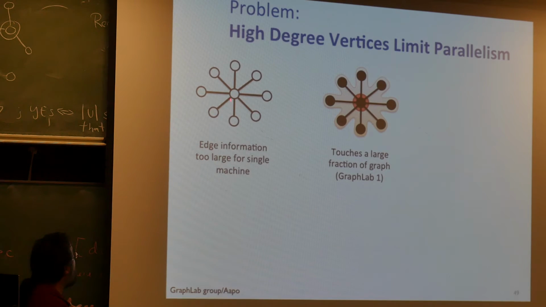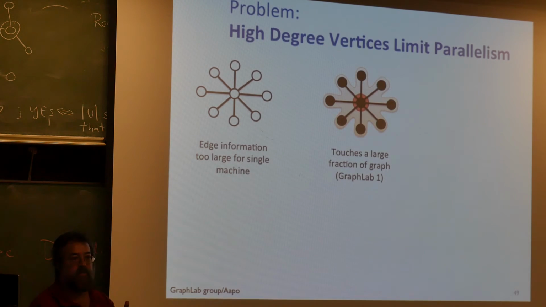If you did put them on one machine, you still have a problem, because you're doing the processing in parallel across the edges, but you've got some loop over the signals or the neighbors. For most of the nodes, that loop is really fast. You're just checking a few neighbors of a node, 10 or 15 or 20, it's a quick loop. For a few of them, it's tens of millions.